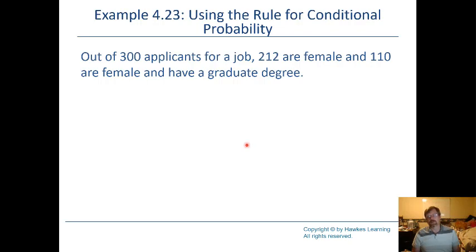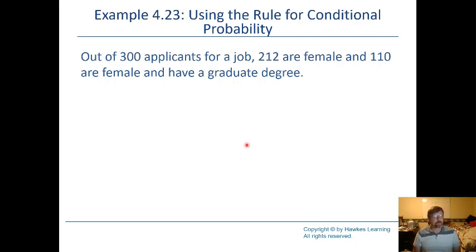Okay, 212 are female, so the remainder are male. Got it. I was expecting a male-female dichotomy, and it threw me for a minute. So what is the probability that a randomly chosen applicant has a graduate degree, given that the applicant is female?